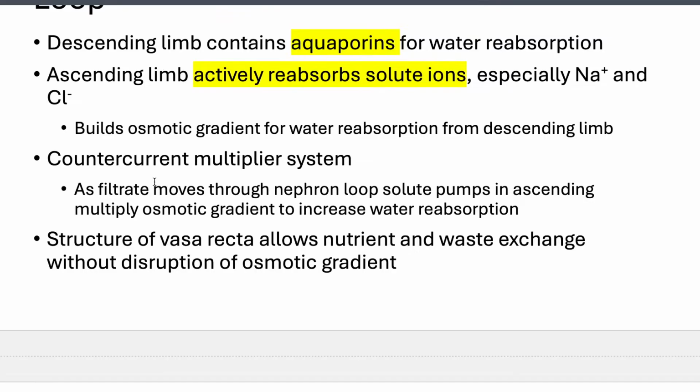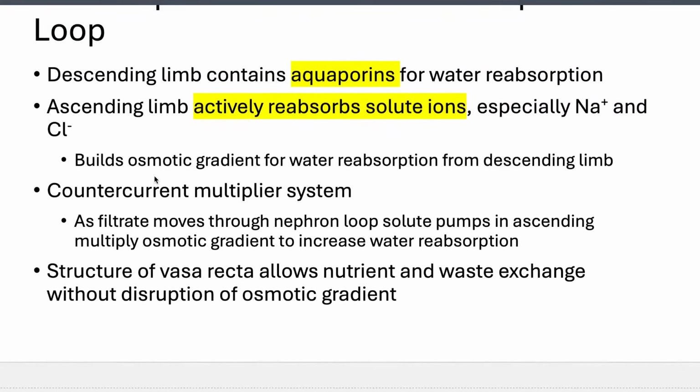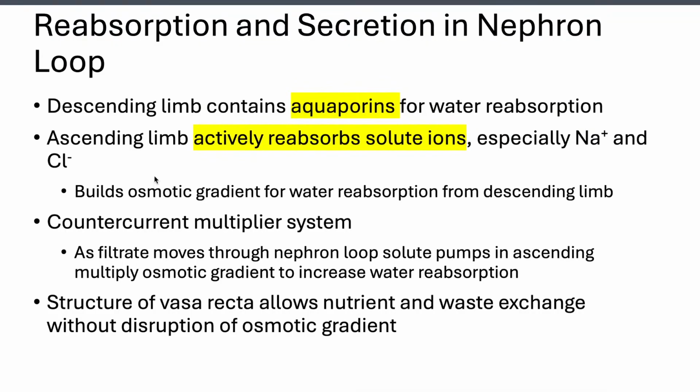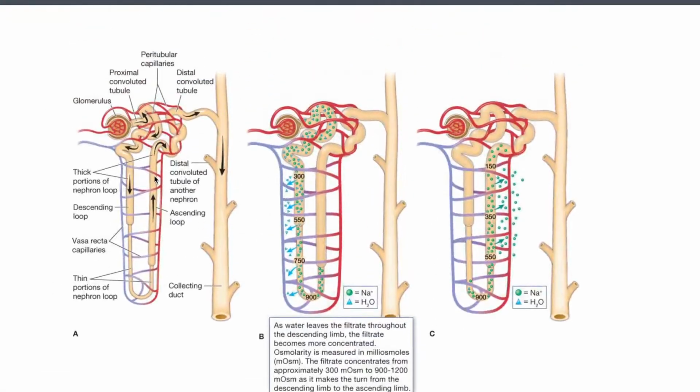So, countercurrent multiplier system. As filtrate moves through the nephron loop, solute pumps in the ascending limb multiply the osmotic gradient to increase water absorption. Oh, okay. So what I was just explaining, how aquaporins aren't going to do anything alone. There needs to be a gradient, and the ascending loop is going to create that gradient. Here we can see that what is escaping here is sodium, and what is escaping here is water.